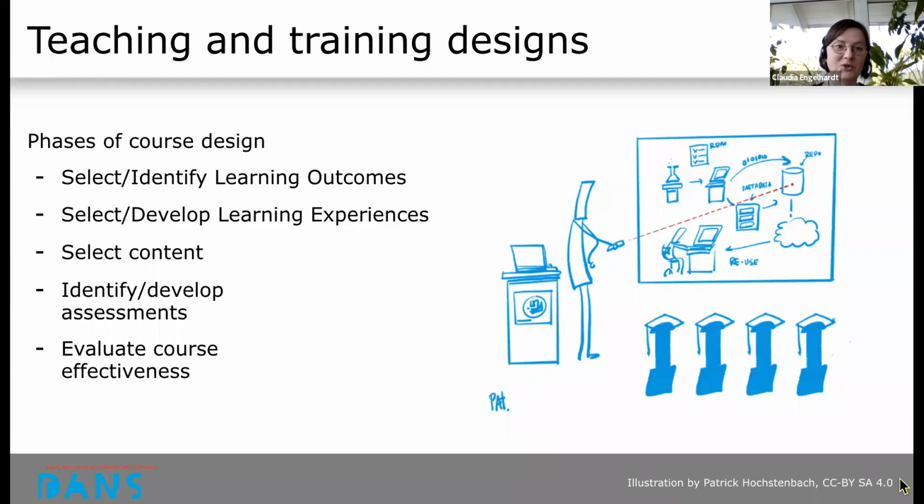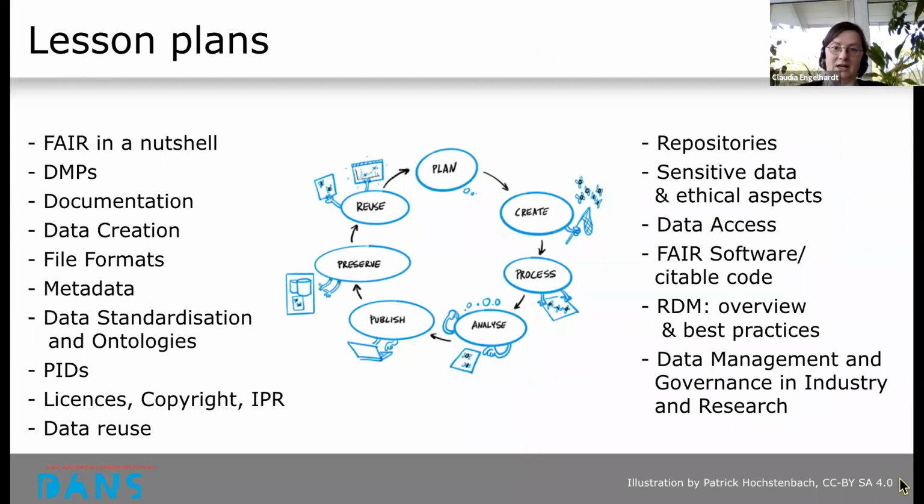Next, we get to the lesson plans. So here you see a list of the 16 lesson plans that are included in the handbook now. They cover different aspects of the FAIR principles and or research data management in general, because these two fields are actually pretty much intertwined.